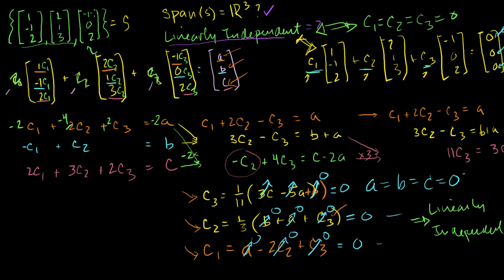Let's say this guy was redundant, which means that the span of all three would be equal to the span of these two, because he could be part of the span of these two guys. And the span of 2 vectors could never span R3. Or the other way around, if you have 3 linearly independent 3-tuples, then you can also say that they span R3.